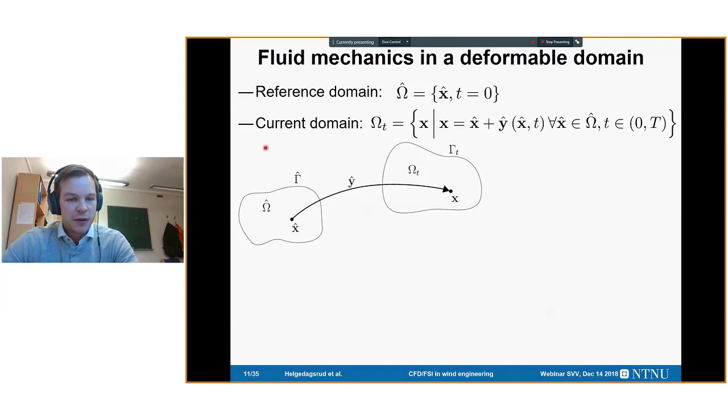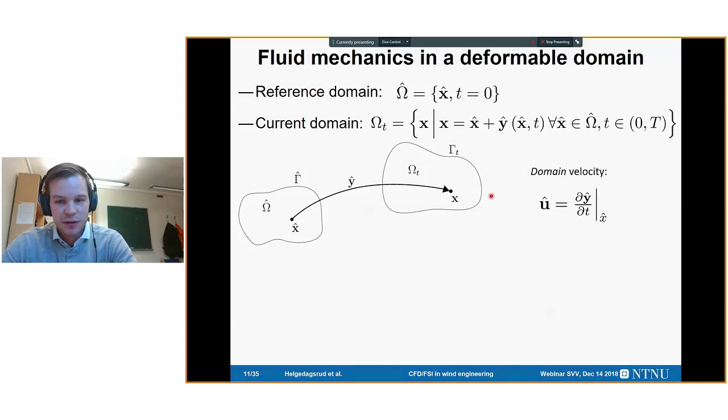And we have a current domain omega t, which is obtained by adding some time-dependent displacements to our original coordinates. So we have this mapping to the current domain. And from this mapping, we can also get the velocity of the fluid mechanics mesh, so to say.